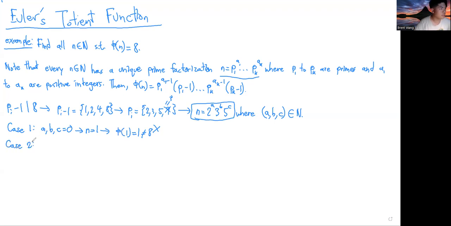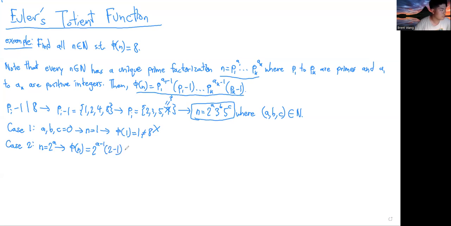Case 2 is, now let's just consider if b and c were equal to 0 and n equals 2 to the power of a. Well, if n is equal to 2 to the power of a, then don't forget our formula here, Euler's totient function. We have phi of n is equal to 2 to the a minus 1 times 2 minus 1.